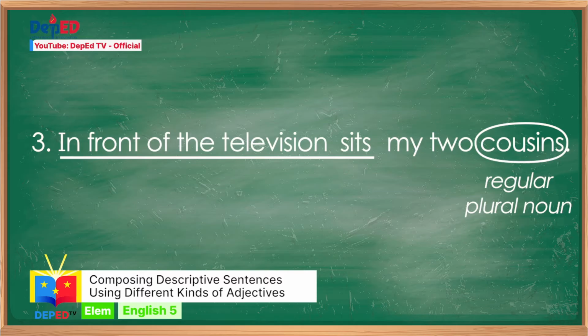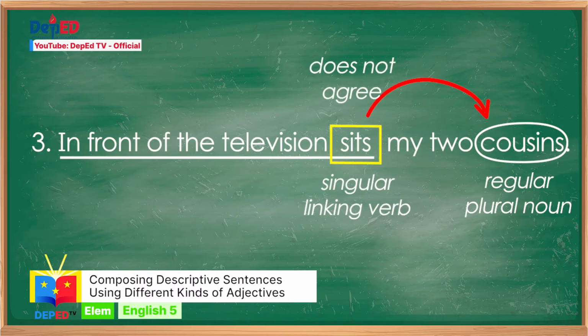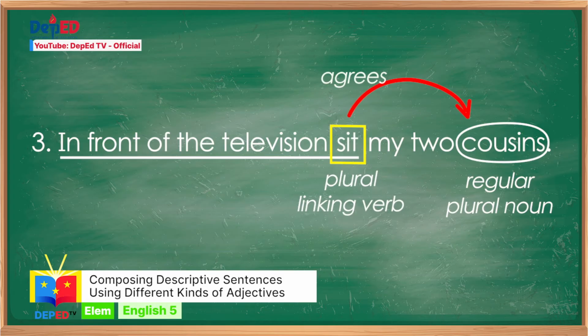The predicate of the sentence is in front of the television sits. But wait, does the action verb sits agree with the number of the subject cousins? No, that is right. Instead of having sits, the base form of the verb should be used instead. The correct sentence is, in front of the television sit my 2 cousins.